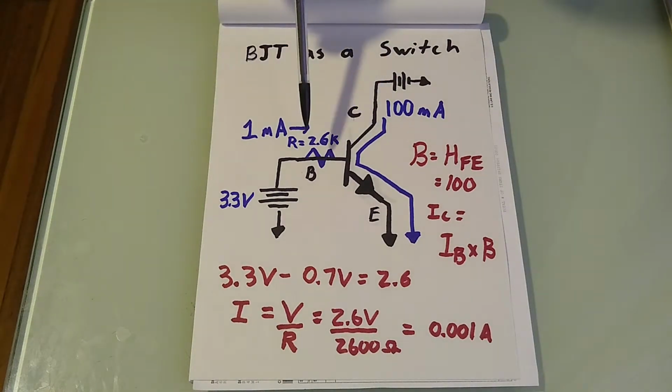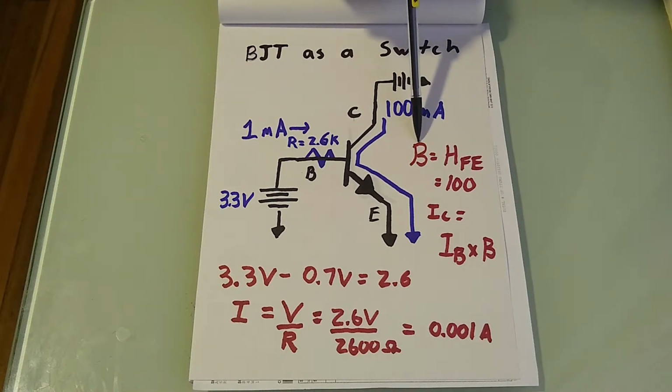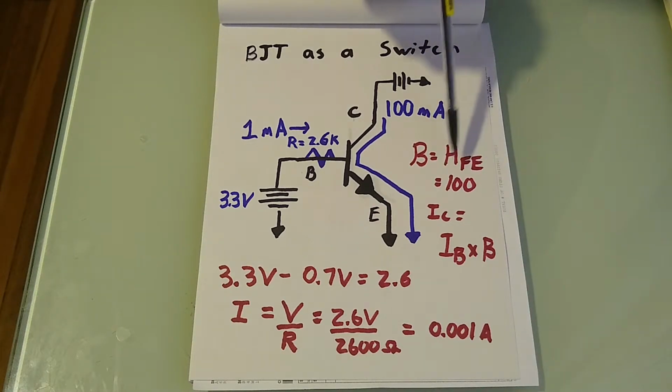So, with this transistor in saturation mode with 1 milliamp, we need to calculate our emitter current. To do that, we get the beta of the transistor, which can be found on the tech data sheet. So for this 3904 transistor, it has a beta, which is represented by either a B or this h subscript FE, of 100.